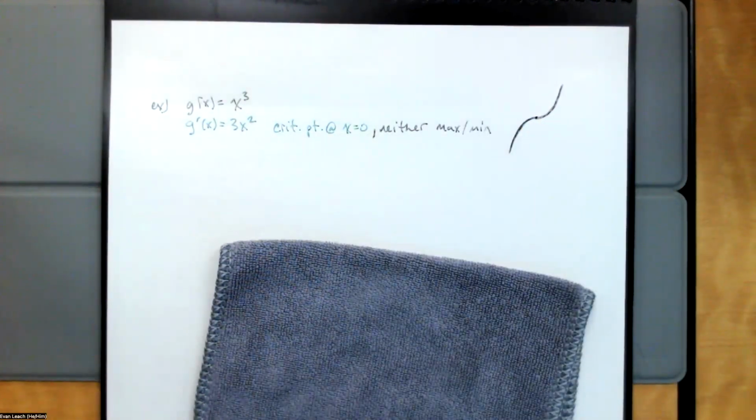We know that by the graph of the function, because x cubed increases to 0 and then continues to increase. We know that by the first derivative. The first derivative is positive before 0 and positive after 0, telling us the function is increasing and then increasing. The second derivative is not telling us anything because the second derivative is equal to 0 again.